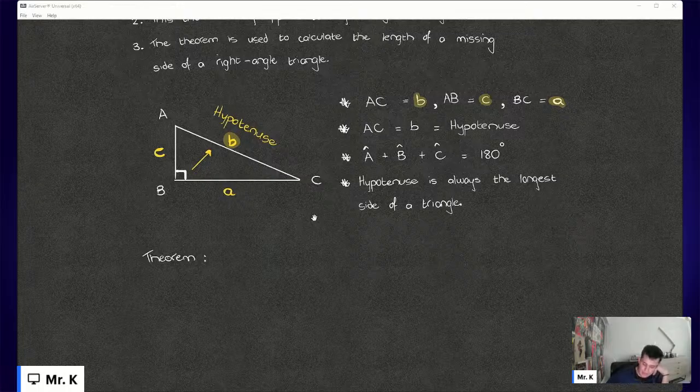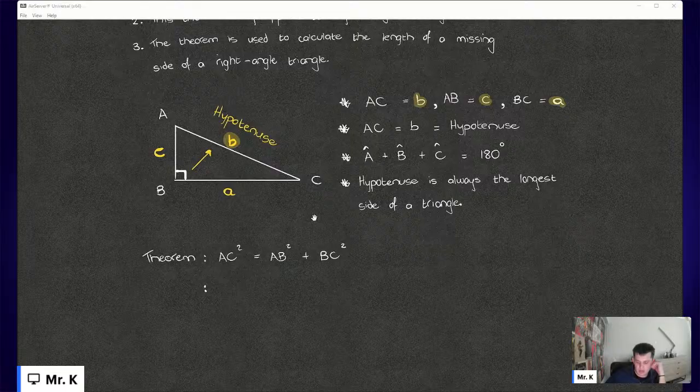We know that in mathematical terms, we can say that AC squared is equal to AB squared plus BC squared. But what does this really mean when we write it out in words? Remember, we use the theorem of Pythagoras to help us solve the missing length of one of the sides of a triangle.